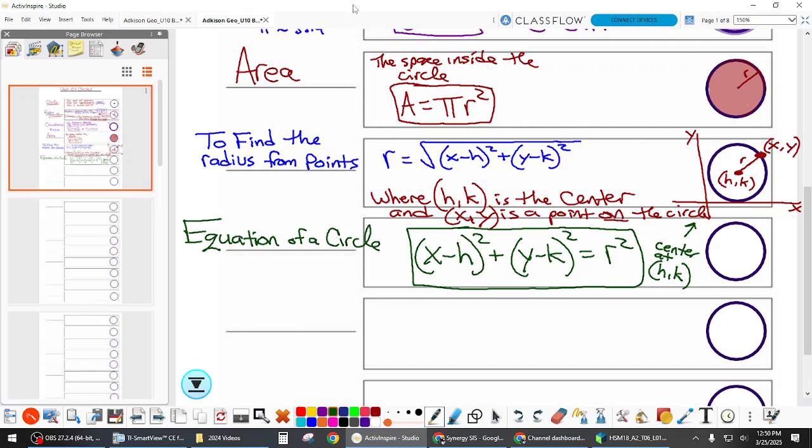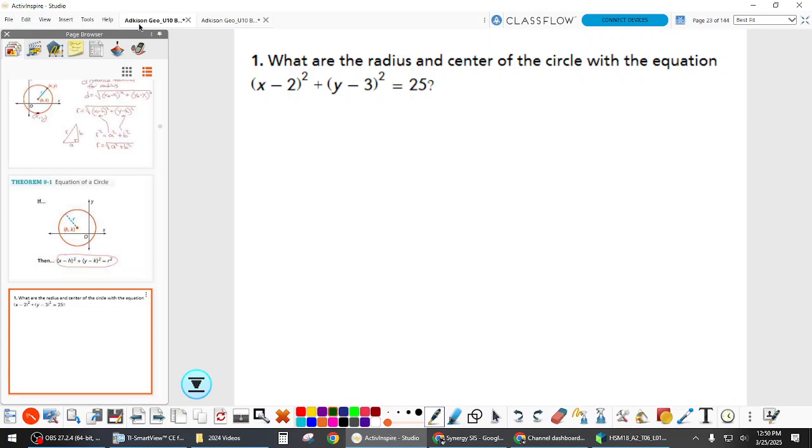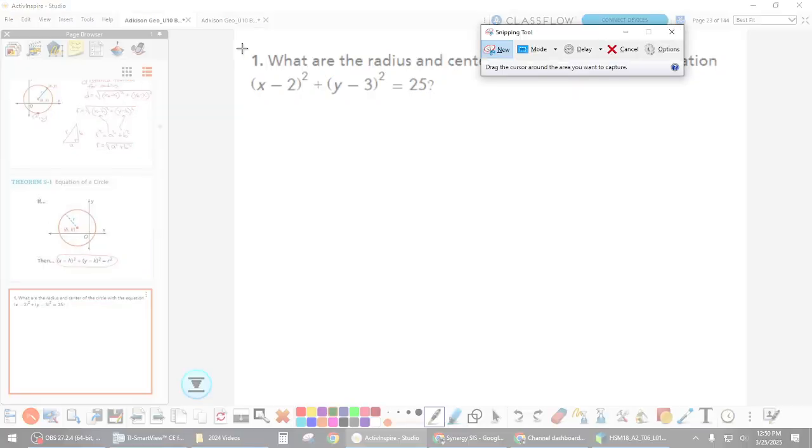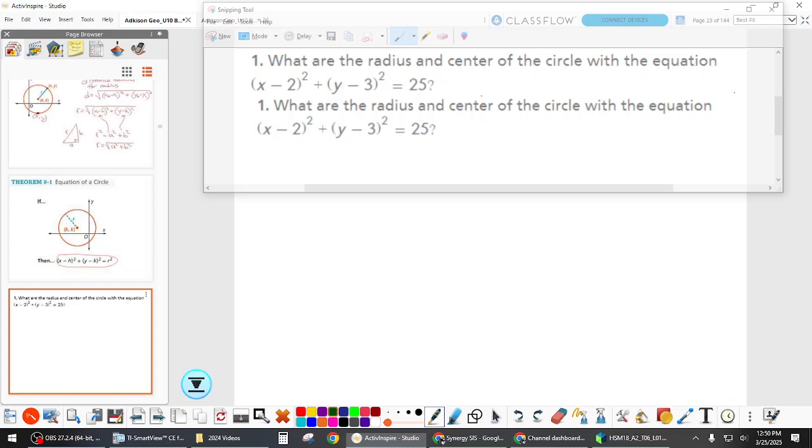So here's an example of how we'll use the equation. It says, what are the radius and center of the circle with this equation? Let's put this into your notes as an example. I will grab a copy of this, and you can flip to the example section.